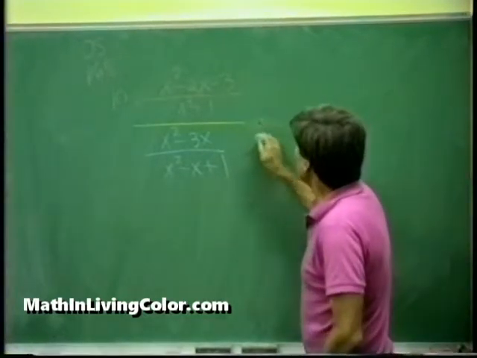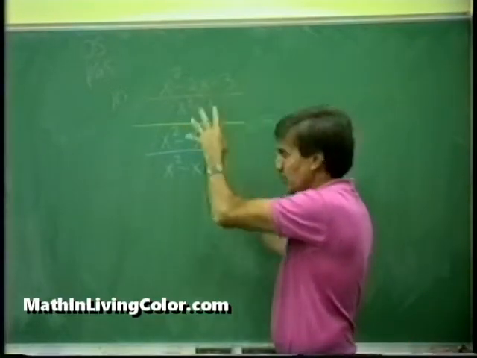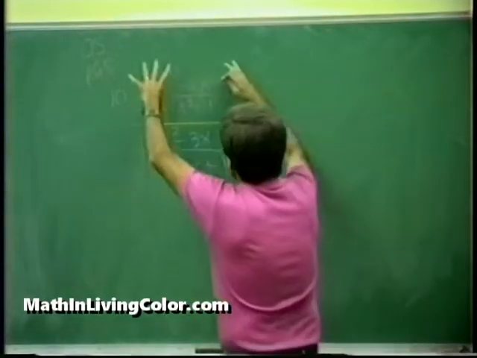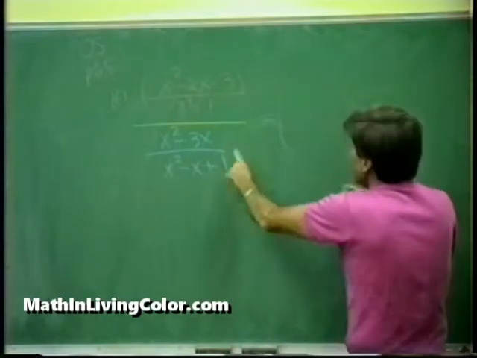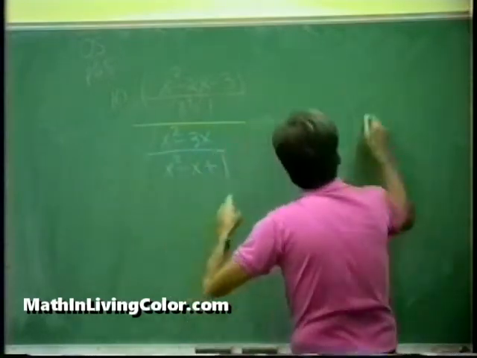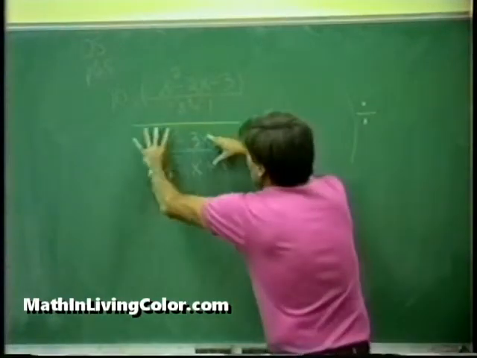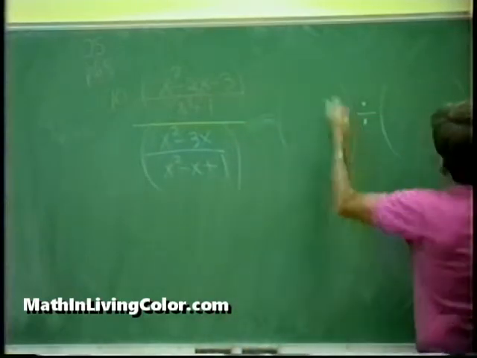Actually, what I want you to think about is that this fraction really represents two fractions. So let's take the numerator, which is in pink, and put it right here. The long line means divided by, which I've got in yellow. Then this blue part down here, the denominator fraction, I'm going to put over here.